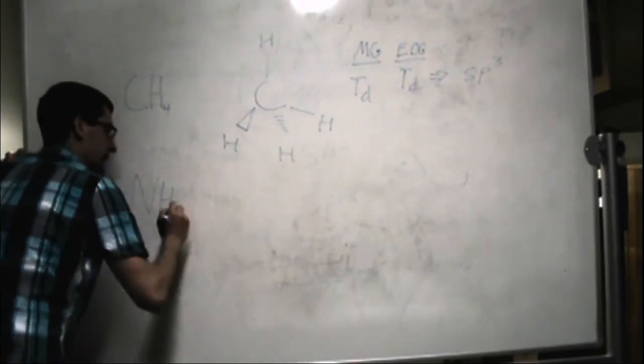Let's look at something like ammonia, NH3. When we look at that, it's very similar to our methane, except we have a lone pair instead of a hydrogen.